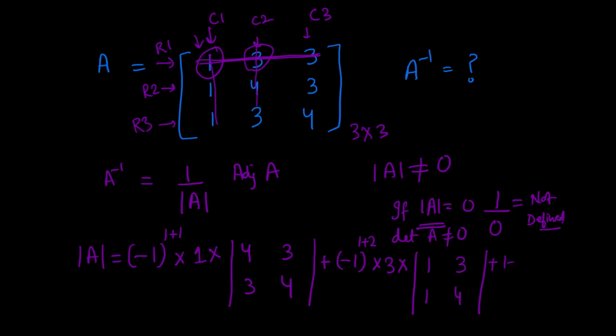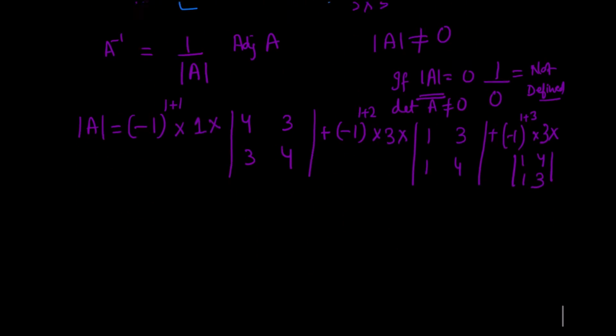Plus minus 1 again to the power 1 plus 3, times the element, which is 3, times the determinant. Other than row 1 and column 3, the elements left are 1, 4 and 1, 3. Now let's solve this.